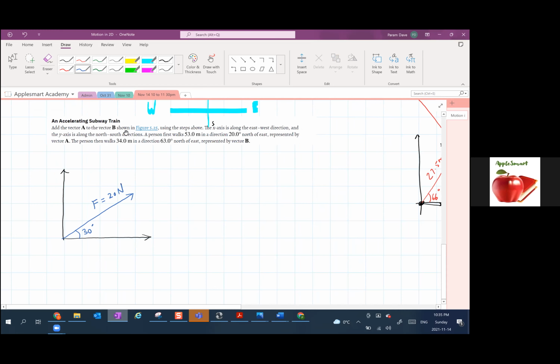Now, in kinematics, have you learned how to find the components of a vector? Yes or no? If you're talking, make sure you're not muted. Have you done vector components, as in finding the x component and the y component of the given vector? No, you've not. Okay, so we are going to do that right now.